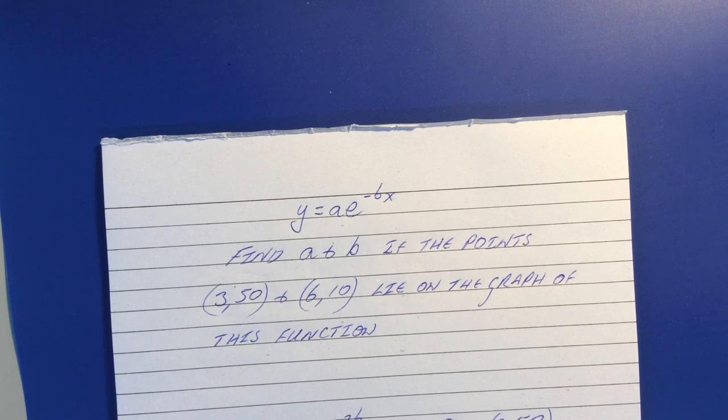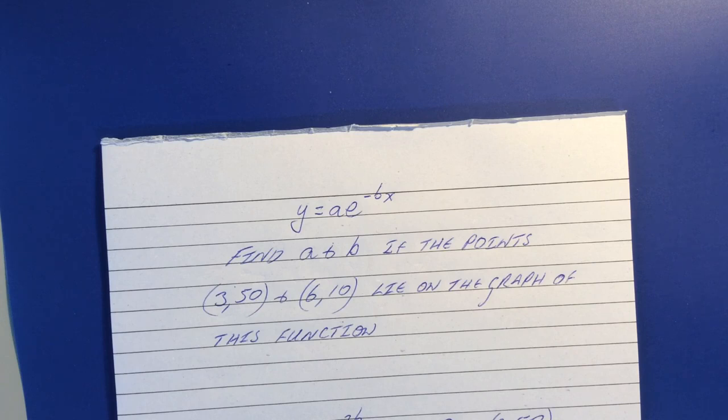Well, we can't do everything at once, so we're going to go after either a or b first, and I think it's easier to go after b, and hopefully my reasoning for that will become obvious as I take you through my technique. It's not my technique, it's everybody's technique for finding b.